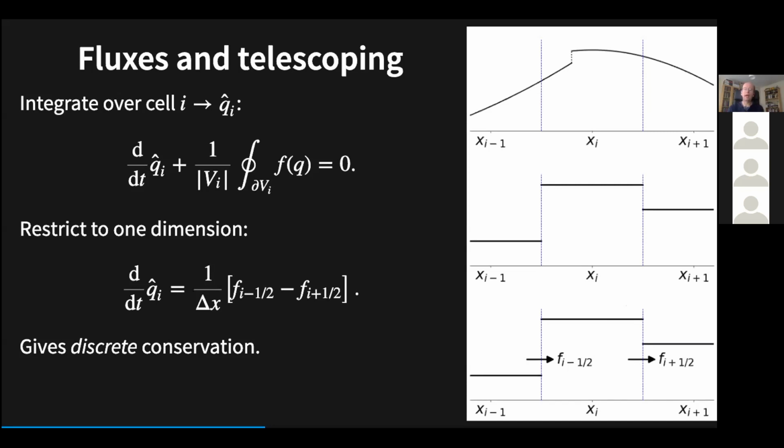So we have a mathematical formalism using the weak form that is going to ensure that shocks and discontinuities make sense. We've got discrete conservation that ensures the discrete Rankine-Hugoniot conditions hold, which means that shocks will propagate at the correct speed. So the shock is going to make sense, it's going to propagate at the right speed. We're 2/3 of the way towards an algorithm that is going to work for us.